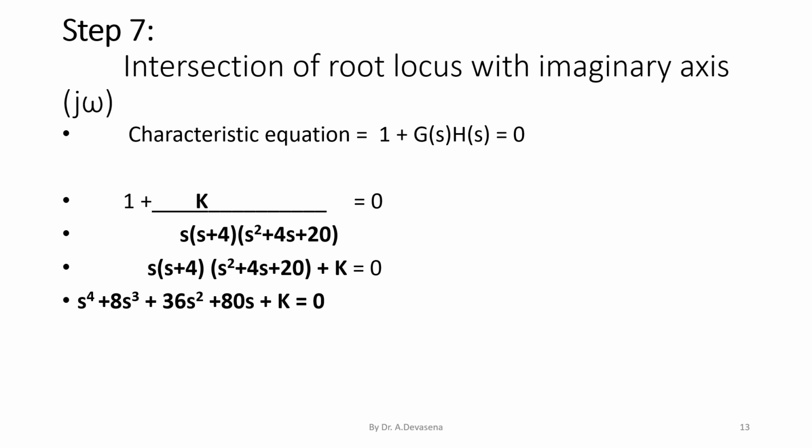If we further simplify, we obtain s power 4 plus 8 s cube plus 36 s square plus 80 s plus k is equal to 0. From that we have to construct the Routh array. The value of a0 is equal to 1, a1 is equal to 8, a2 is 36, a3 is 80 and a4 is k.